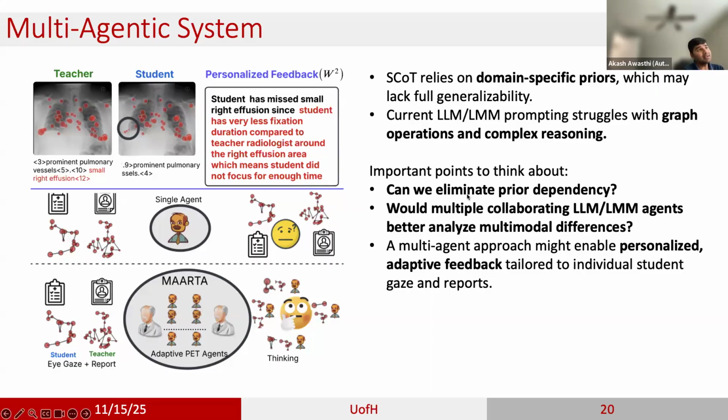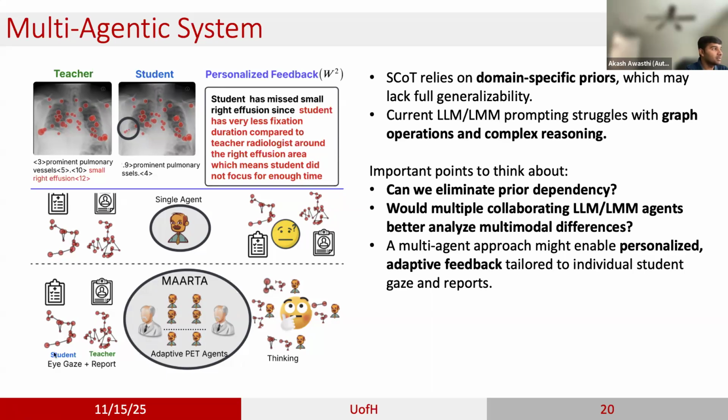So can we eliminate this? To handle this big prompt, we have to spoon feed it. Can we eliminate this prior dependency? Can we divide the task of analyzing this bigger data among multiple agents? Can we just not have a single LLM looking at this big data?